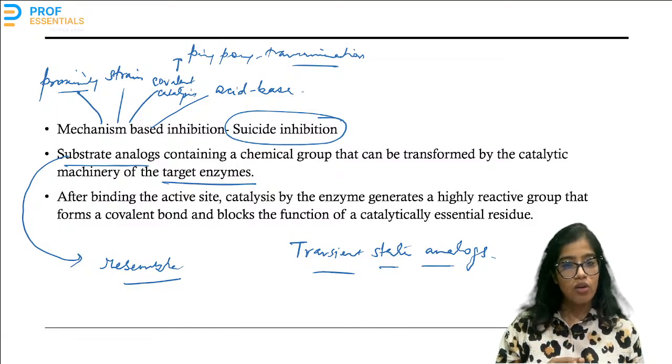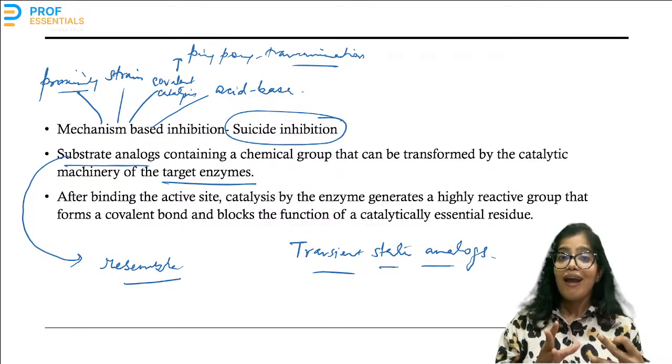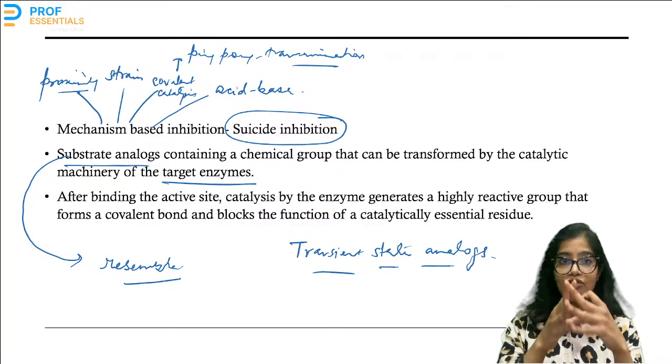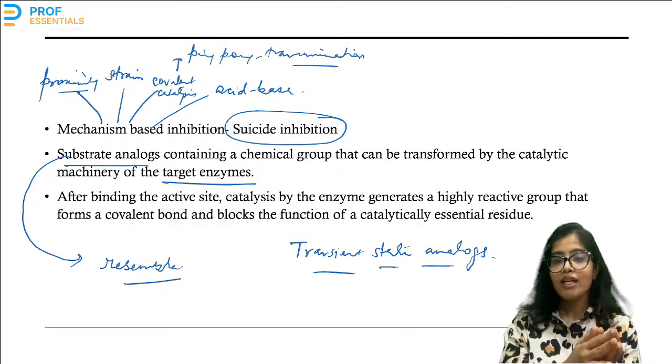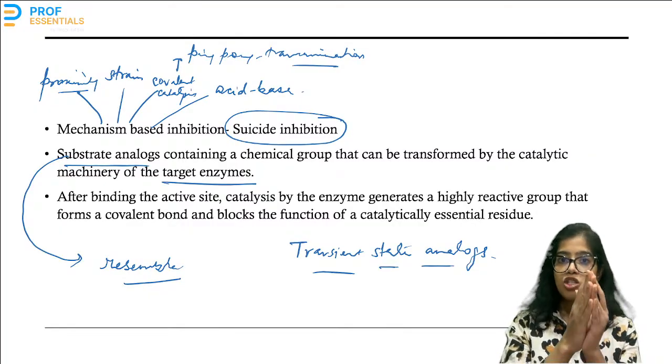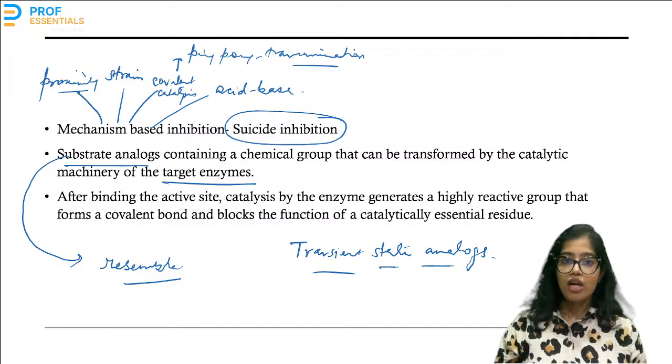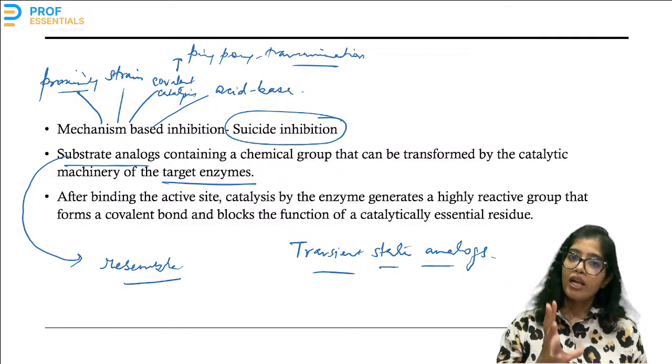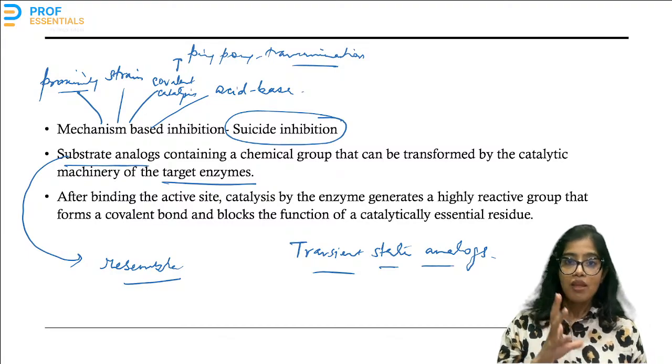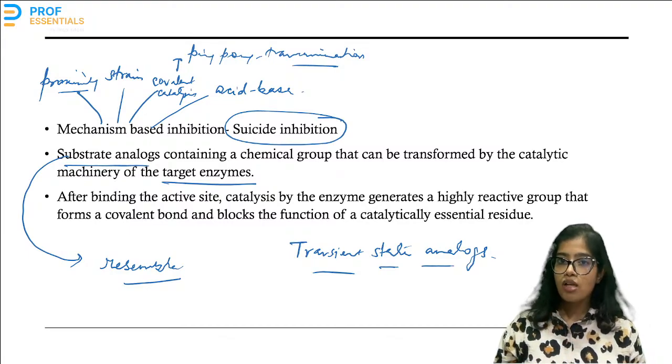These transient state analogs resemble the transient state, and they affect the mechanism of catalysis by strain. Okay, this transient state where the substrate is attached to the enzyme, that transient state analog is created artificially, and that analog is going to competitively inhibit the mechanism of catalysis by strain. Okay, so this is how these analogs act.